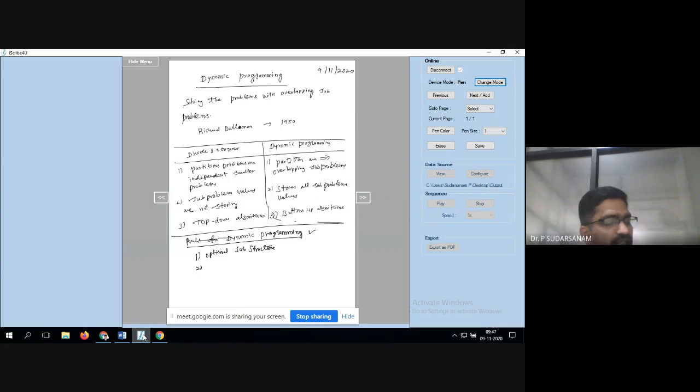Second one is called the overlapping subproblems. And third one is called the bottom-up fashion.